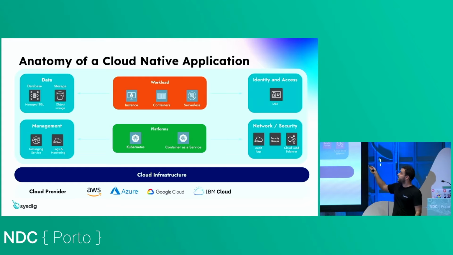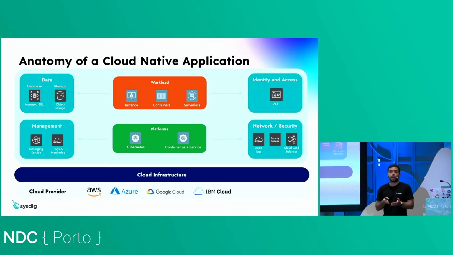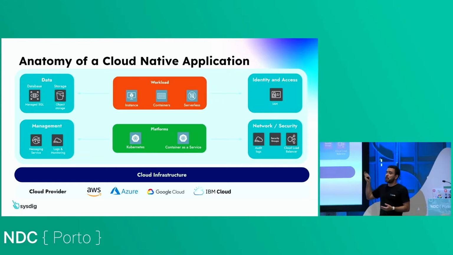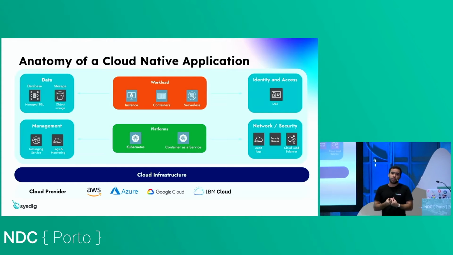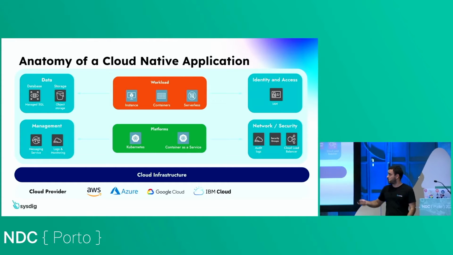You have the identity and access part, basically who or what has access to what. And here, who could be a person, but can also be a service. Actually, most of the identities that we currently have in clouds are services. They are not humans, right? And we want to make sure that they only have access to what they need to have access to.